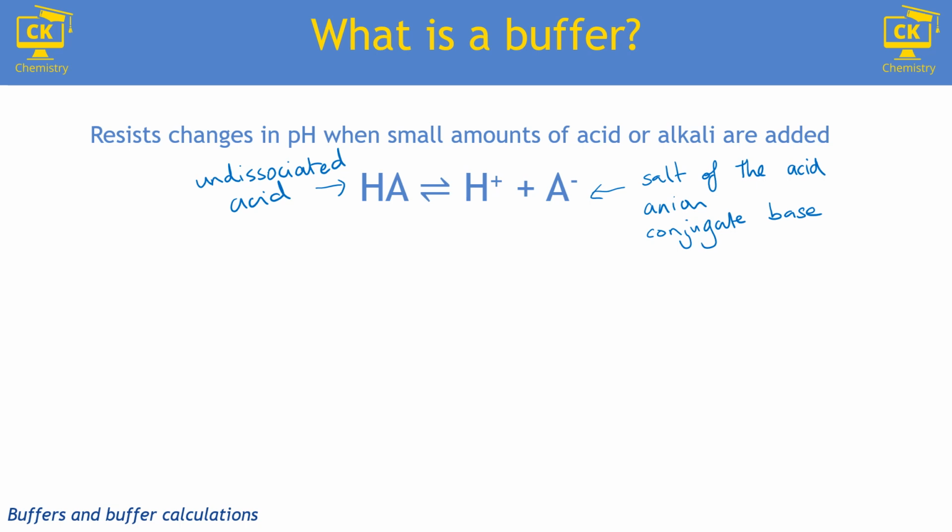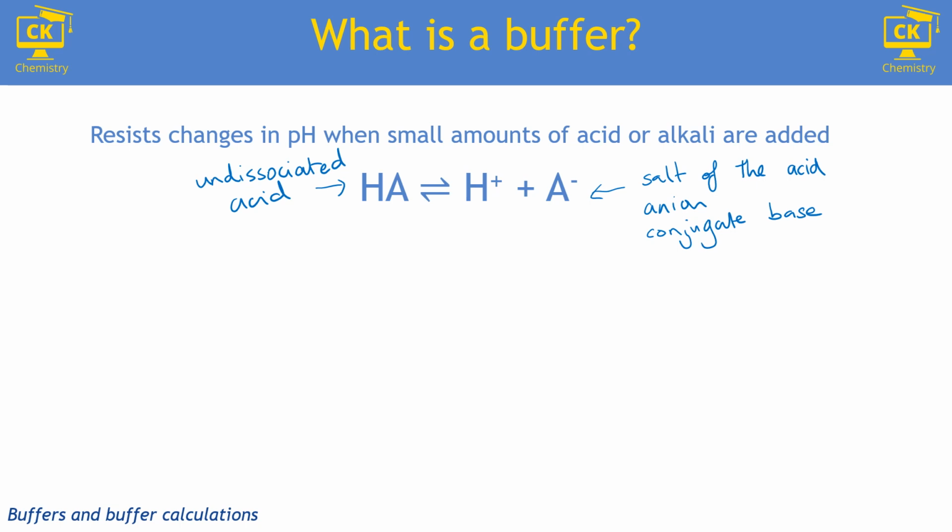So that is the thing about a buffer. A buffer is there to respond to changes. We're thinking about Le Chatelier's principle. Le Chatelier's principle requires a reaction at equilibrium, but you can't respond to changes in either direction unless you've got enough of both sides. So this is really important.